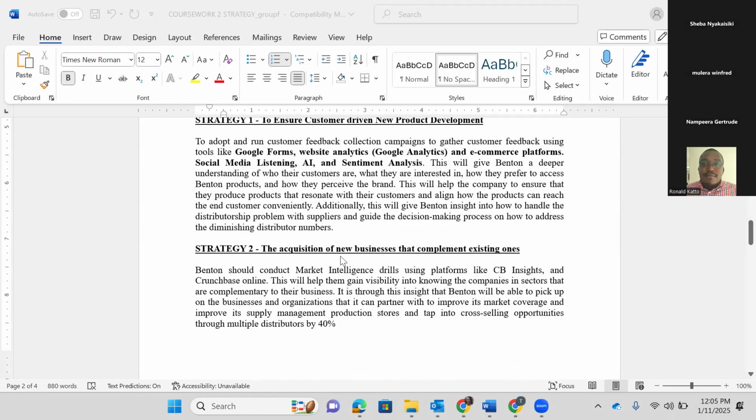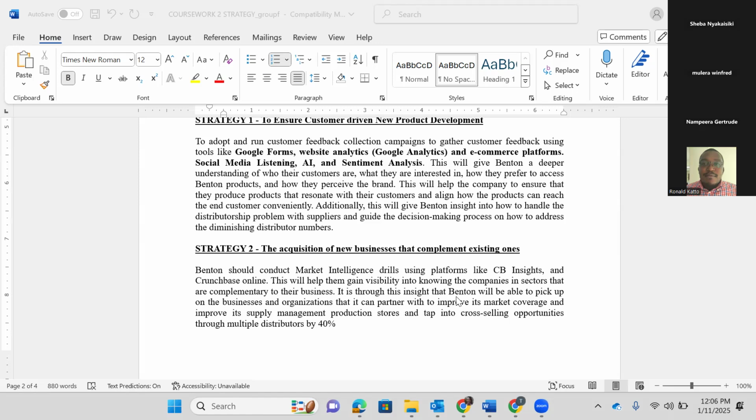Then in order to achieve the acquisition of new businesses that complement the existing business, as the ICT team, we advise and recommend for Benton to conduct market intelligence drills using platforms like CB Insights and Crunchbase Online. This will help them gain visibility into knowing the companies in sectors that are complementary to their business, that is manufacturing.